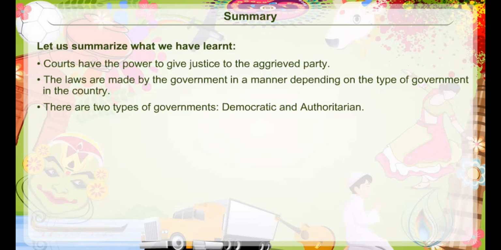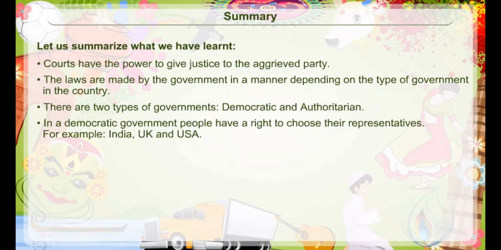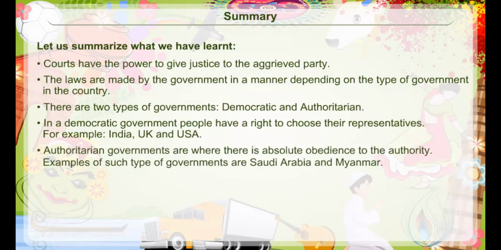There are two types of governments: democratic and authoritarian. In a democratic government, people have a right to choose their representatives, for example, India, UK and USA. Authoritarian governments are where there is absolute obedience to the authority. Examples of such type of governments are Saudi Arabia and Myanmar.